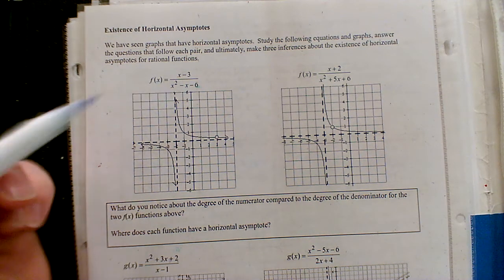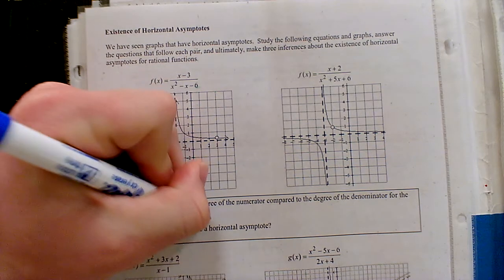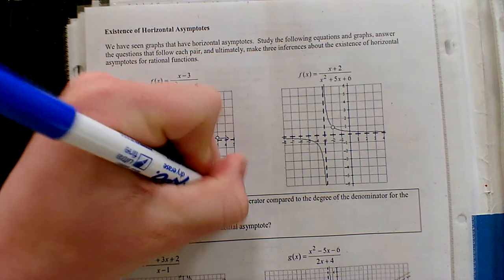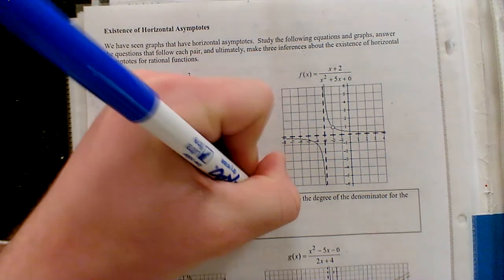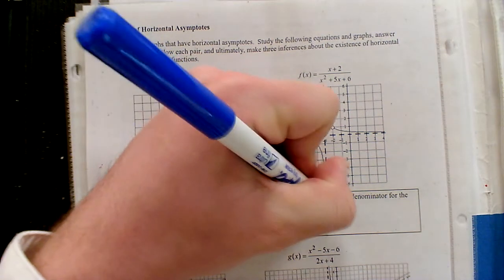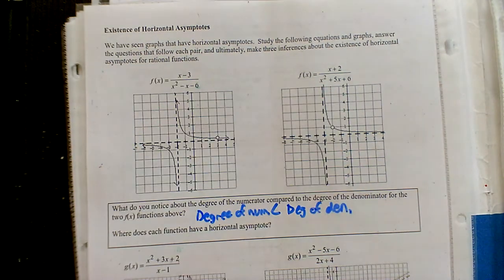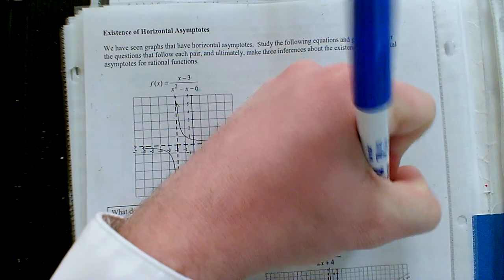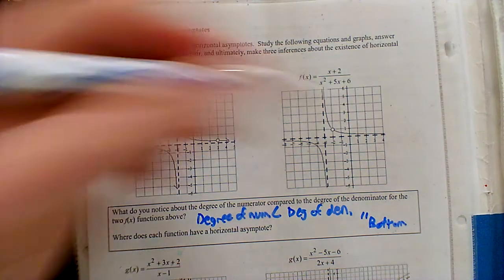So we're going to say degree of numerator is less than degree of denominator. So that's what we needed to notice. We could call this, in other words, bottom heavy. The bottom has a higher value, so it's bottom heavy.